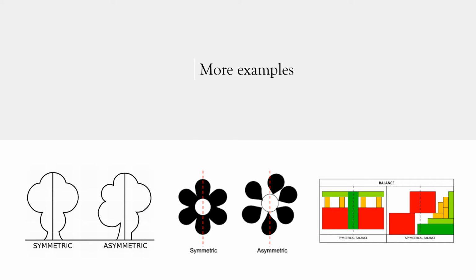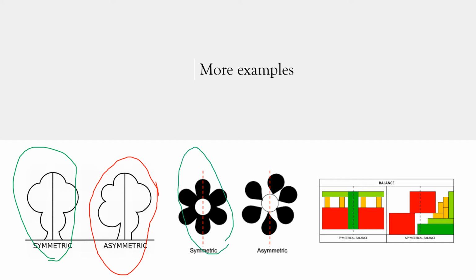And in the next one, we're looking at more examples of symmetric and asymmetric. So one has two exact sides, one sides are different. Symmetric, asymmetric. Exactly the same on both sides, different on both sides.